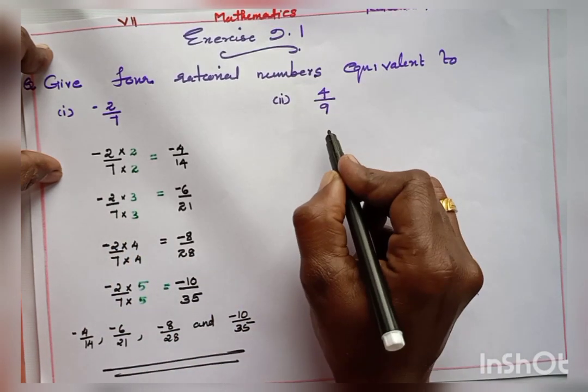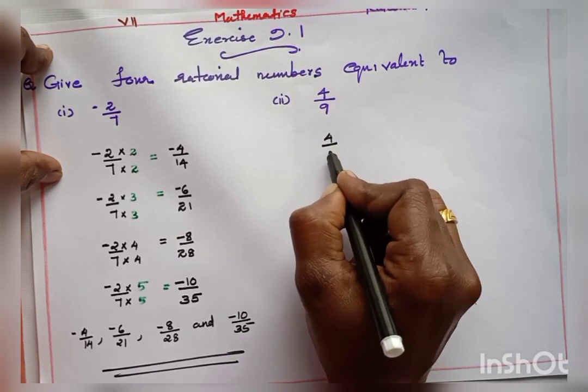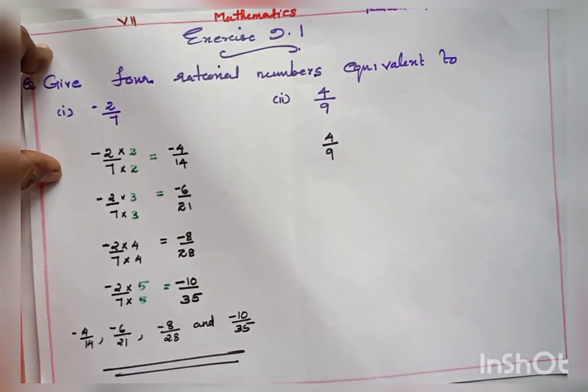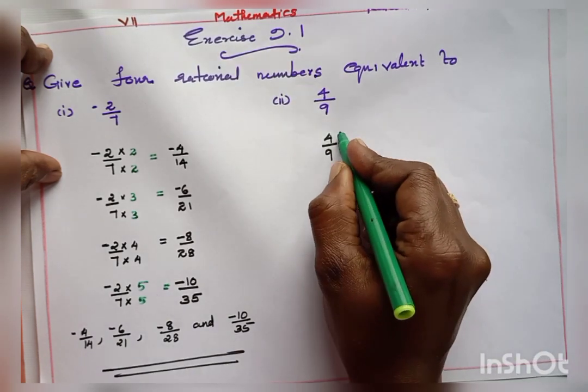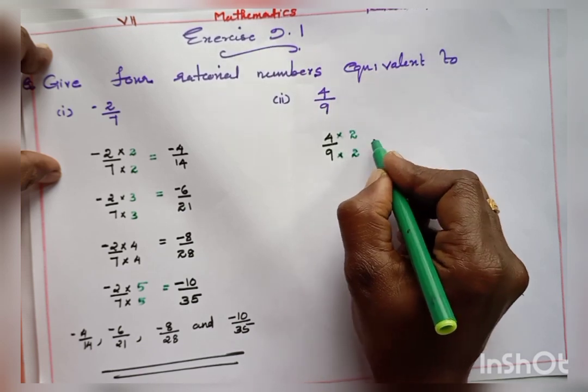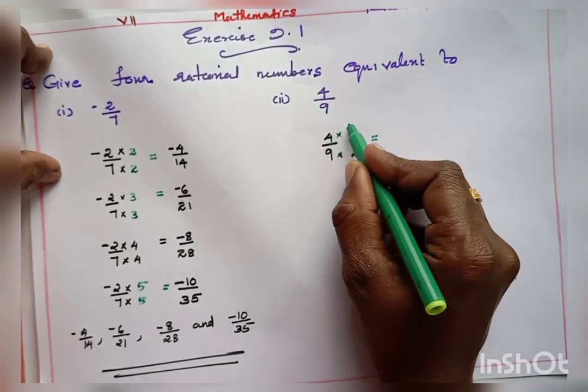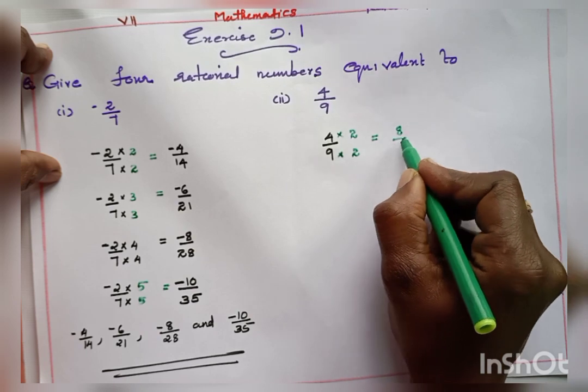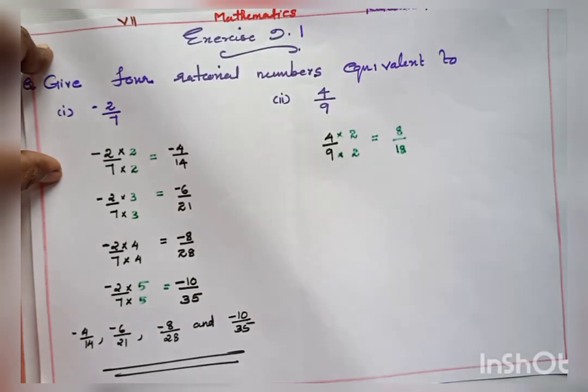Here there is no common factor, so 4 by 9, multiply by a non-zero number. Multiply by 2, easy multiplication. 4 into 2 is 8 by 9 into 2 is 18.